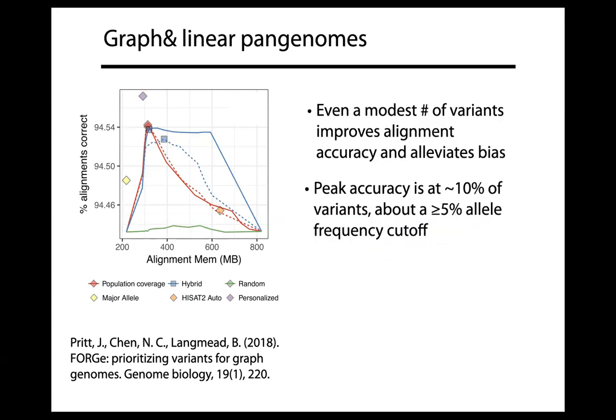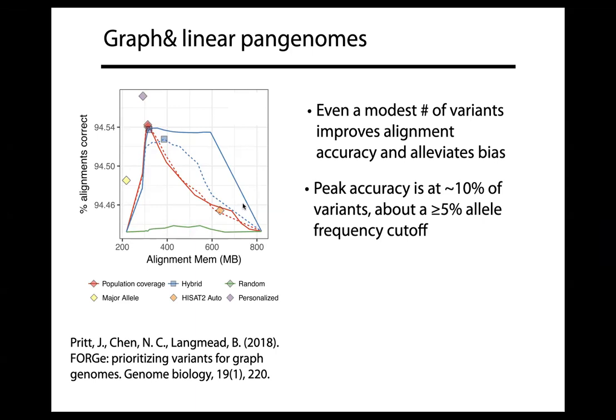So for example, in this paper from 2018, we looked at what would happen in a pan-genome graph if we started with no variation, so started with a linear genome, and then we prioritized all the possible variants that we could add, and then we added more and more and more of them, starting from high priority to low priority. And you can imagine that's what's happening as we're moving from left to right on the plot that you see here.